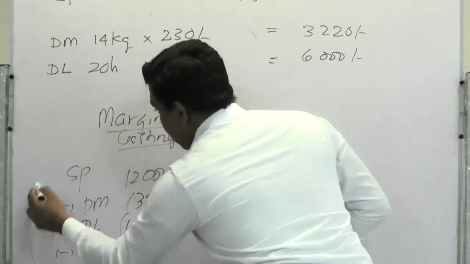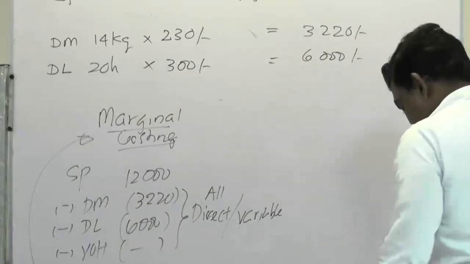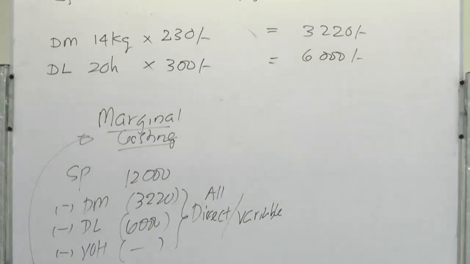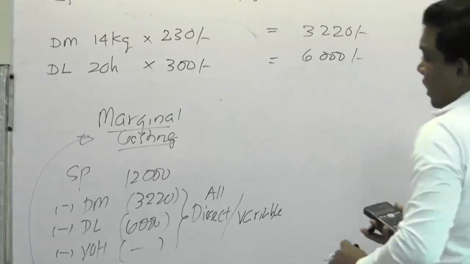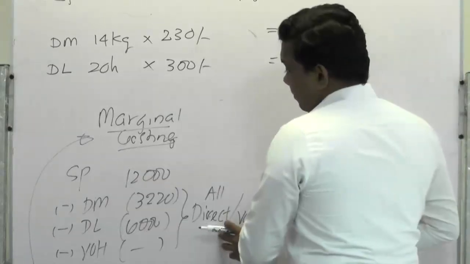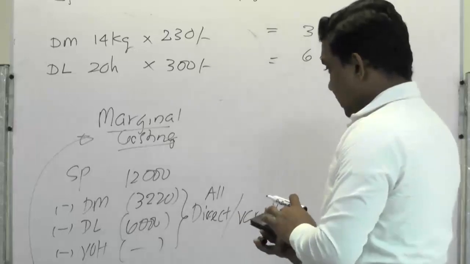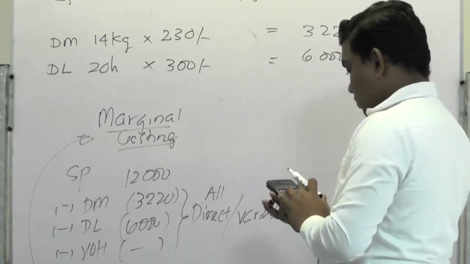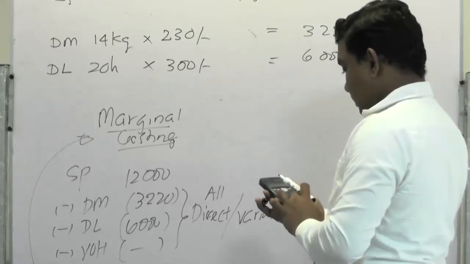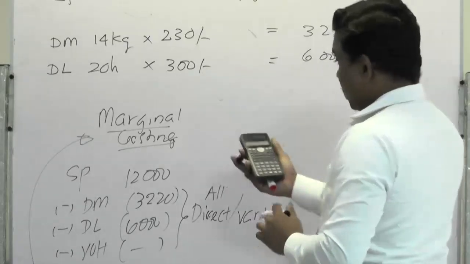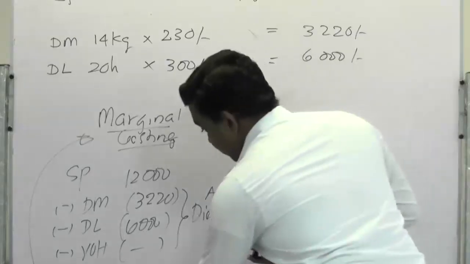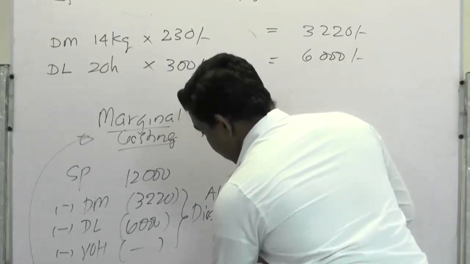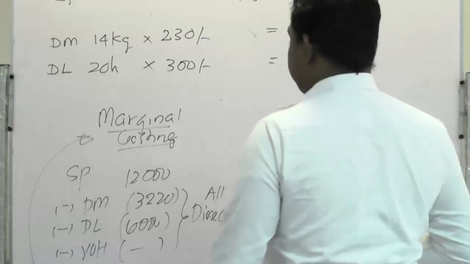Marginal costing contribution will arrive after deducting all variable cost from the selling price. Let's see, 12,000 minus 3,220 minus 6,000. Therefore, according to marginal costing, contribution will be 2,780, right?